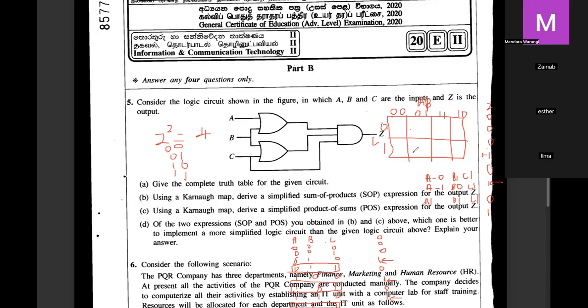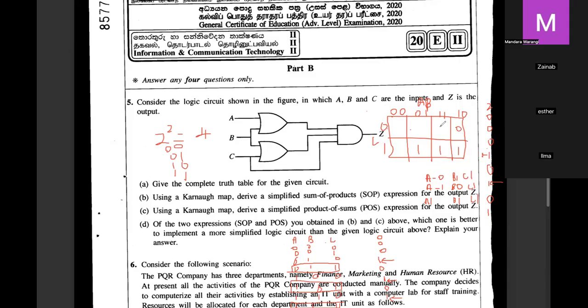Am I correct? A is 0, B is 1, and C is 1. Then we have A is 1, B is 0, C is 1, it's here. And then you have 1, 1, 1, the last one.